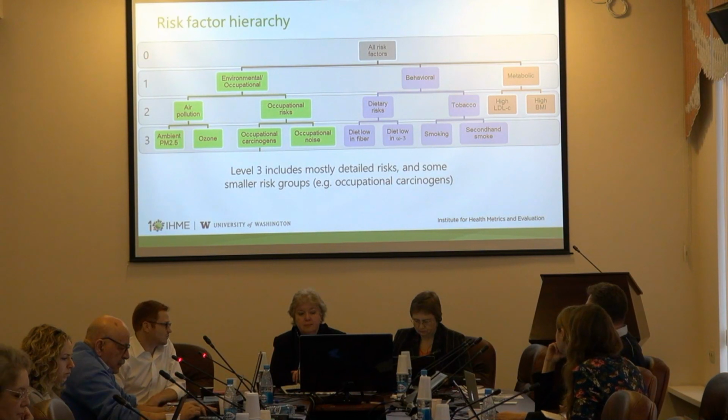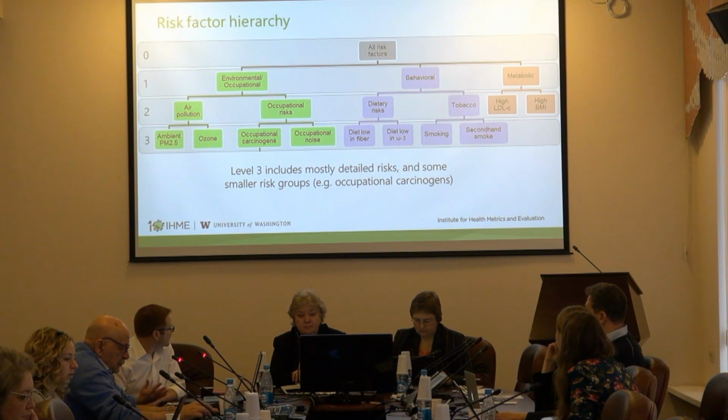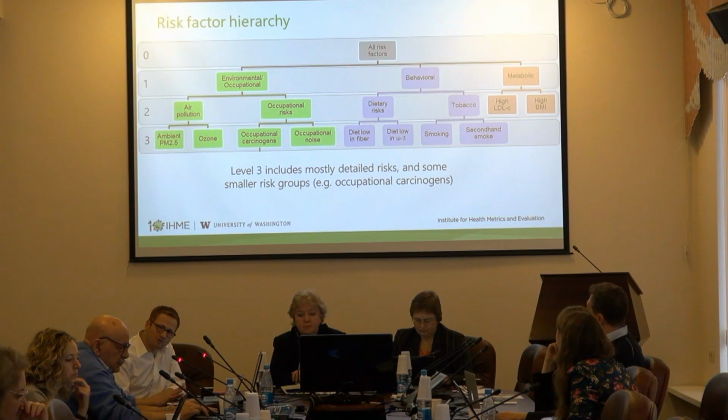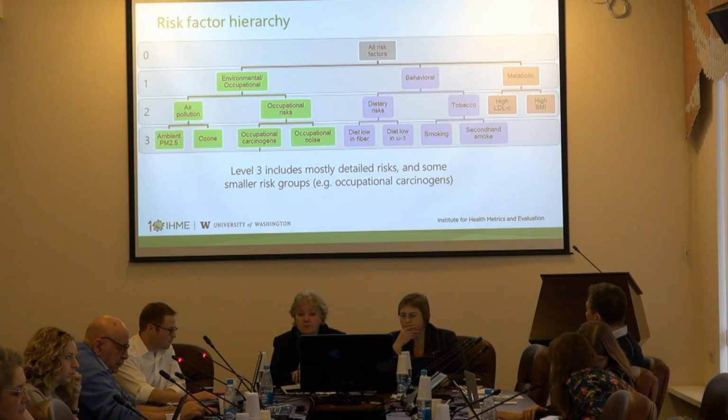Air pollution, for example, divides into ambient PM2.5 air pollution and ozone. Occupational risks includes occupational carcinogens and occupational noise. Dietary risks includes diet low in fiber and diet low in omega-3 fatty acids. Tobacco breaks down into smoking and secondhand smoke, and the metabolic risks don't go down to level 3. They're all only at level 2.